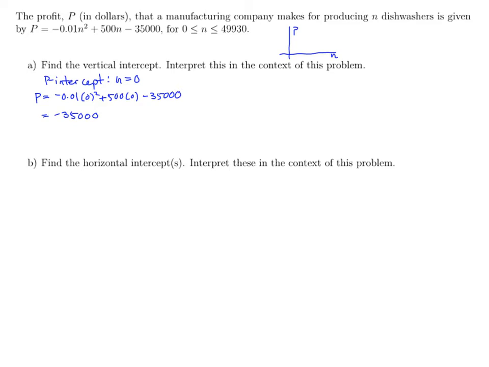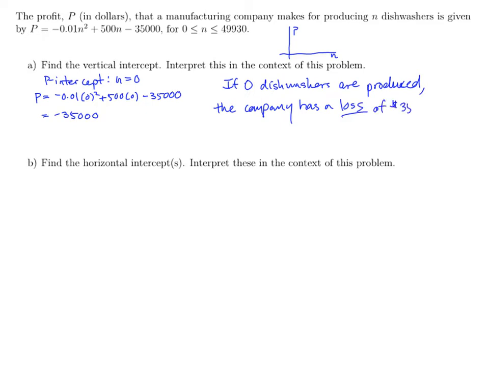So let's summarize that when we interpret this. So if 0 dishwashers are produced, the company has a loss of $35,000, and I'll put the dollar sign to show my units there.